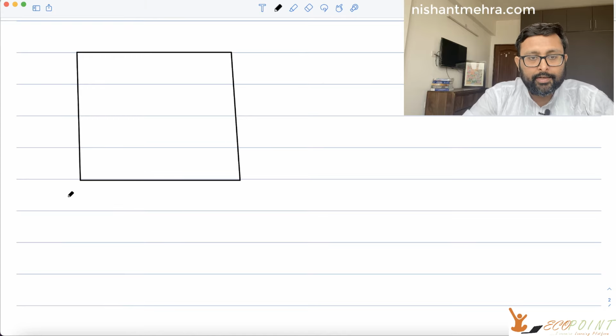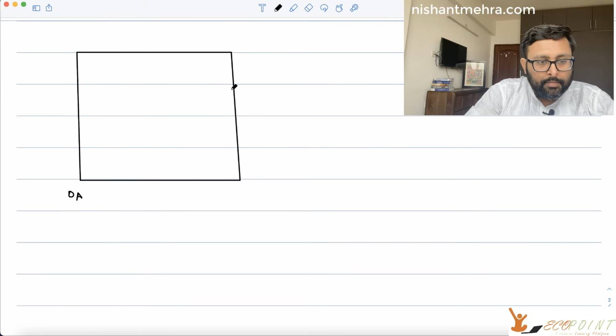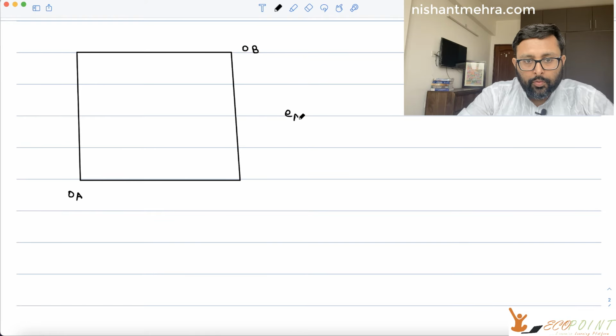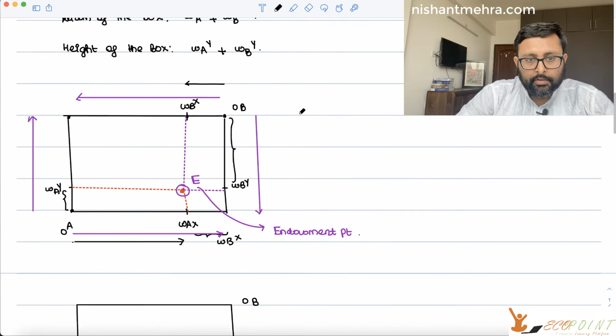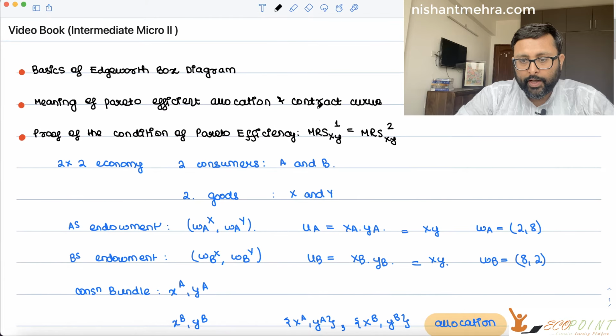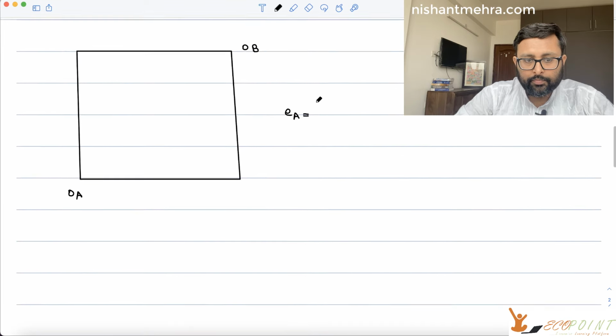Let's say it looks straight. So this is my origin, and this is your origin. What is my endowment? You remember? 2, 8. What is your endowment? 8, 2.